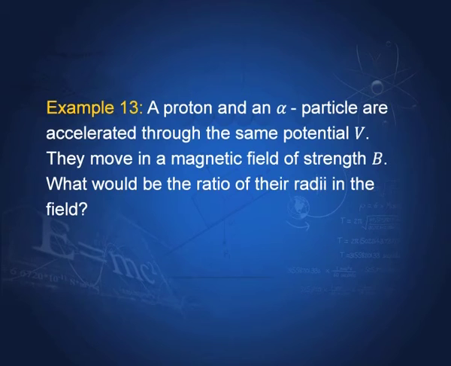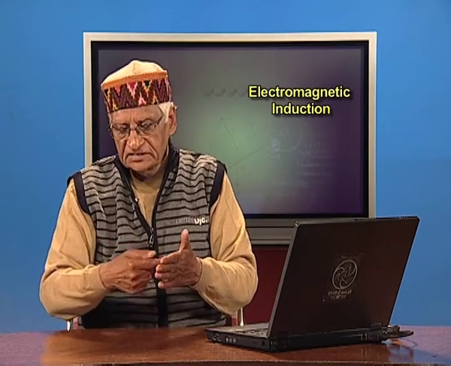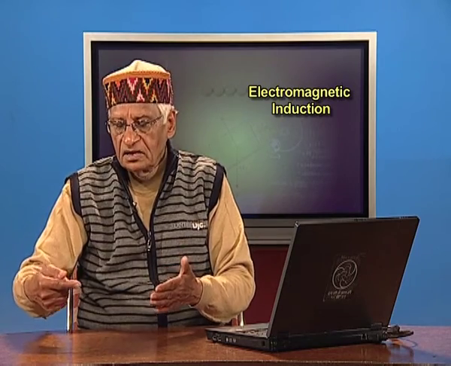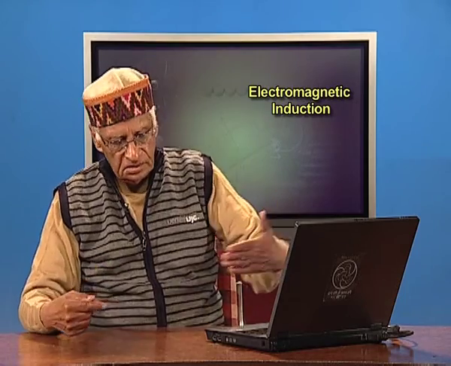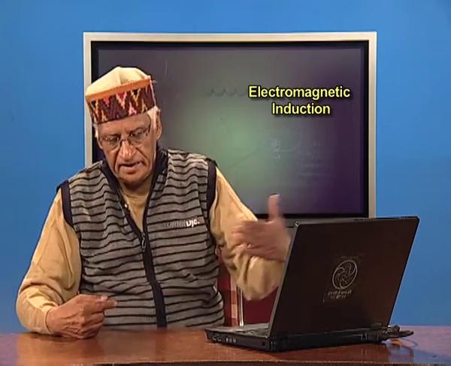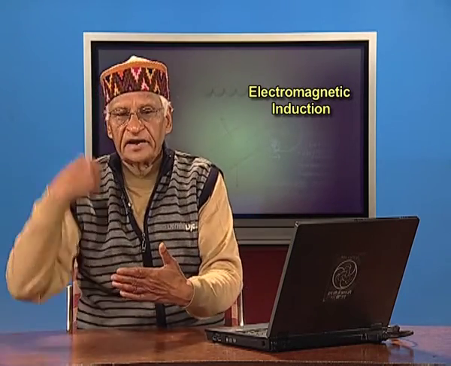Now, last example, we have two particles, a proton and an alpha particle, and they are accelerated through the same potential V. They move in a magnetic field of strength B. What would be the ratio of their radii in the field? You know, as a charged particle enters the magnetic field, it must gyrate. So, the proton will gyrate and the alpha particle will also gyrate.